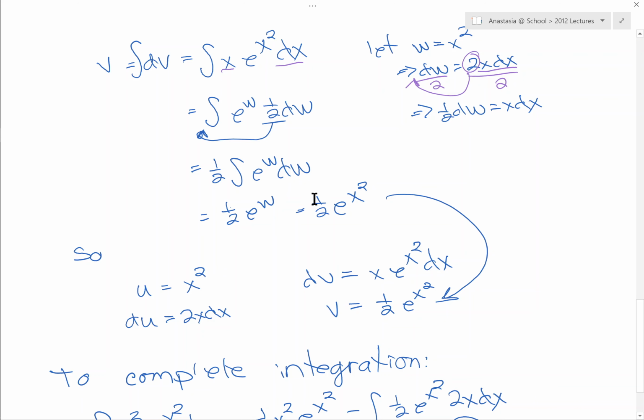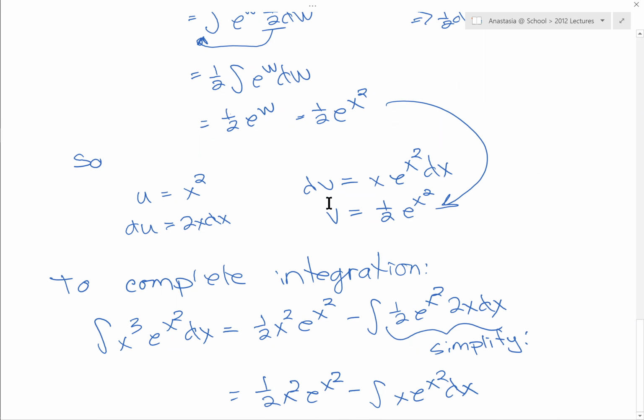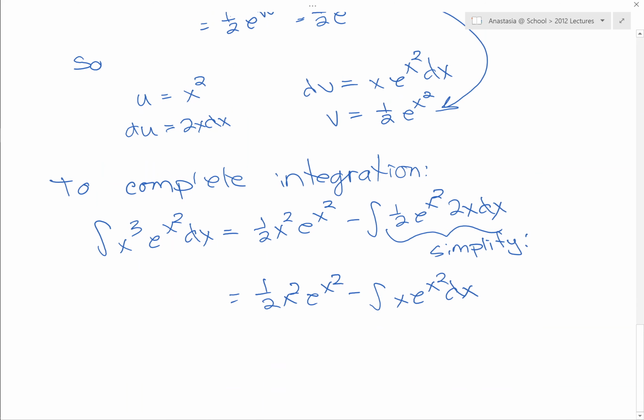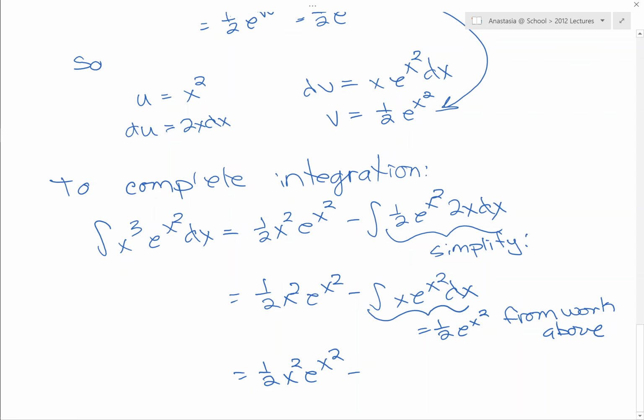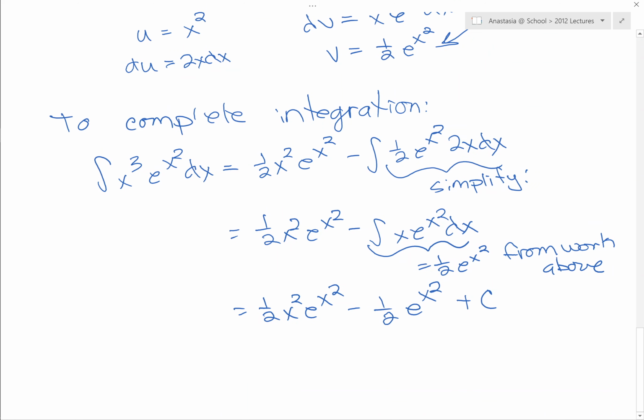We can simply use what we have here. We know that that's equal to 1/2 e to the x squared, from work above. So we have 1/2 x squared e to the x squared minus 1/2 e to the x squared, and as it's an indefinite integral, we will add c.